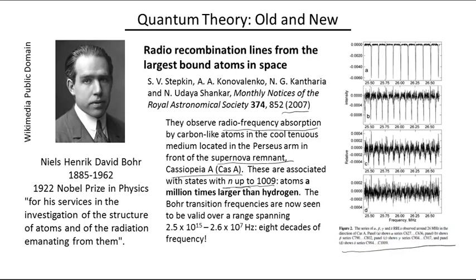Now, if you recall, the radius in the Bohr model goes as the square of the principal quantum number. So these are atoms that are 1 million times larger than hydrogen. They're the size of bacteria.